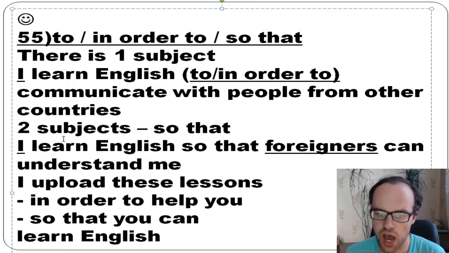Look, I learn English, so it's the first subject, so that foreigners, it means foreign people or people from other countries, can understand me, okay? So use so that if there are two subjects. I learn English so that foreigners can understand me, okay? Look, compare.